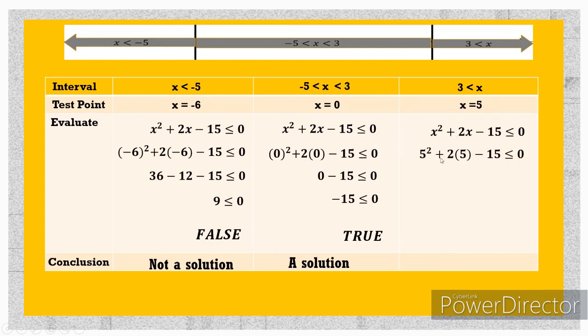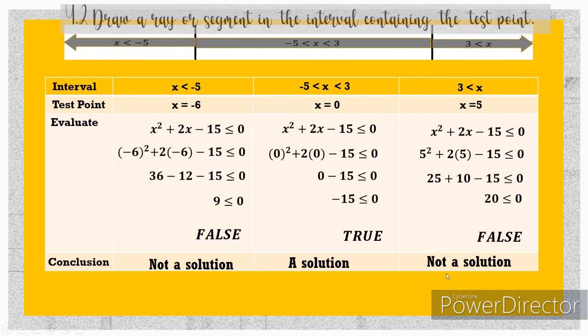We have 5 squared plus 2 times 5 minus 15 is less than or equal to 0. So, we have 25 plus 10 minus 15 is less than or equal to 0. So, we have 20 is less than or equal to 0. Is this correct? False. This one is false. Okay? So, ibig sabihin, this interval is not a solution of the quadratic inequality.